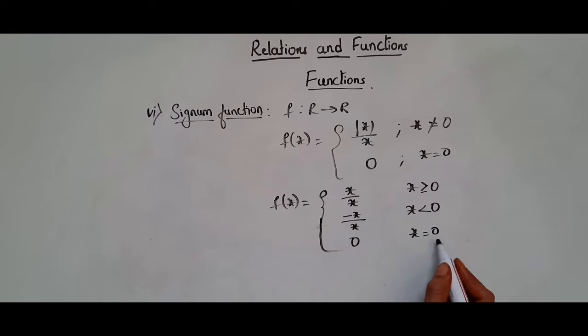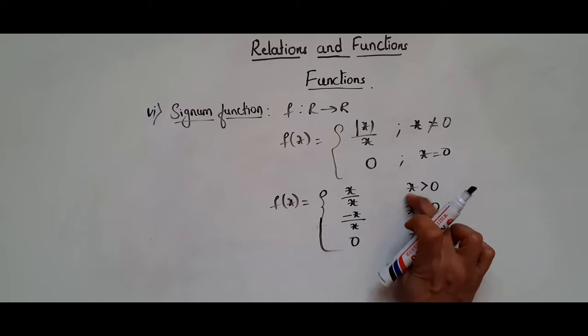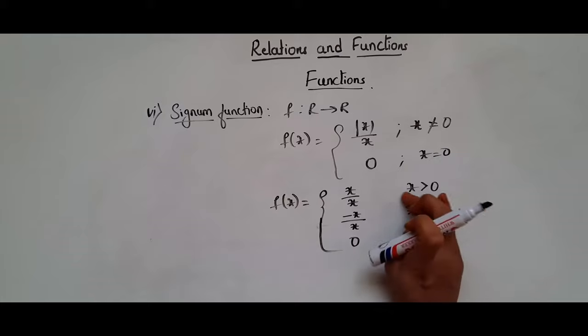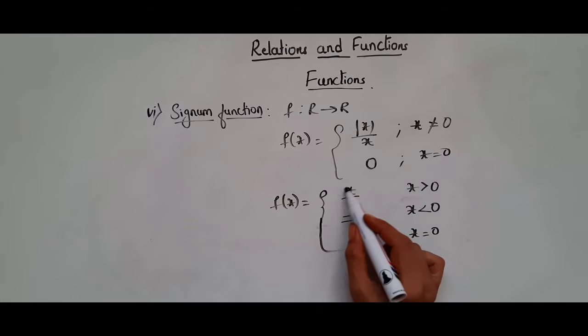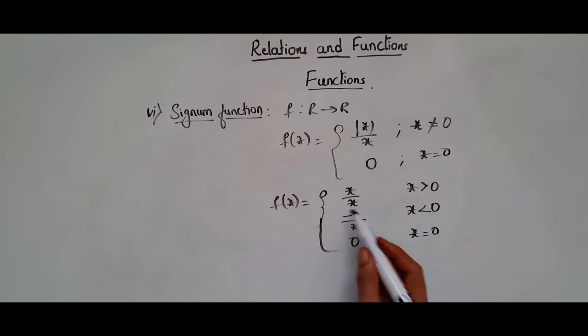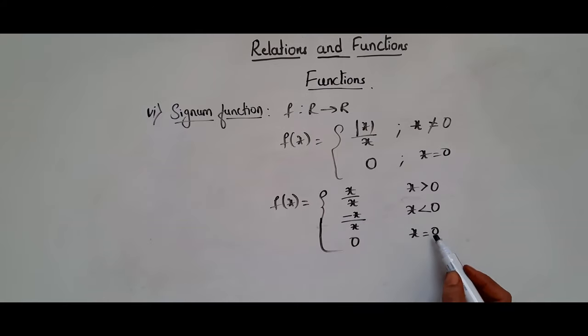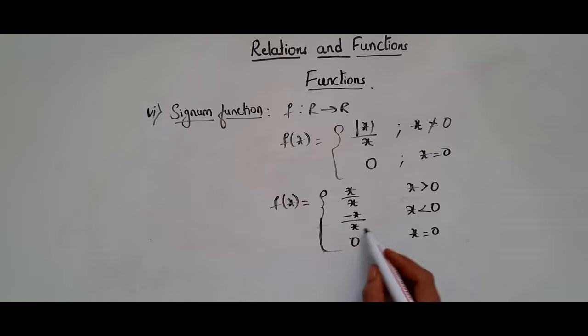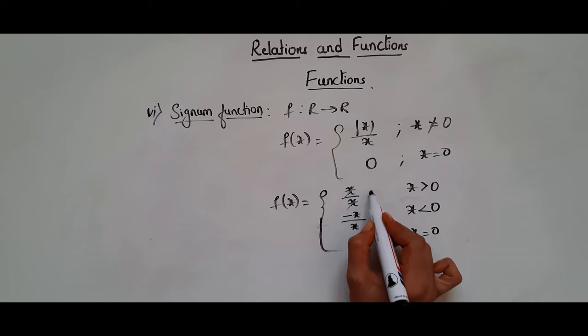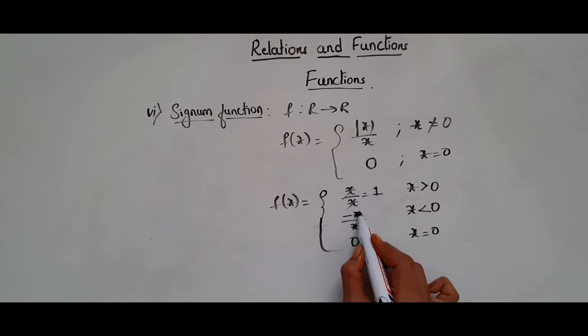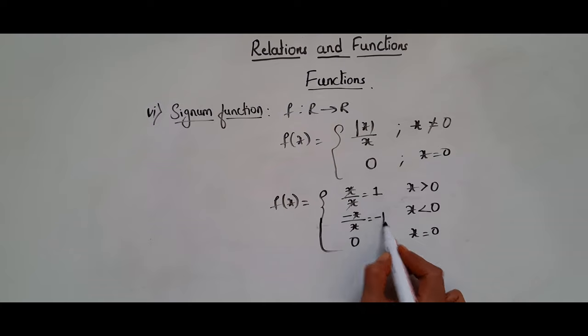We already have the condition for x equal to 0 as 0, so we will take this equal to sign. So for x greater than 0 we have this function, for x less than 0 we have this function, and for x equal to 0 it is 0. So here this and this will cancel, so you will get 1, this will be minus 1, and this is 0.